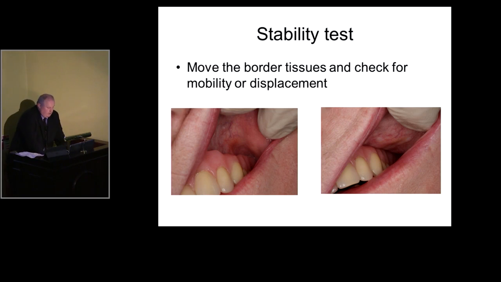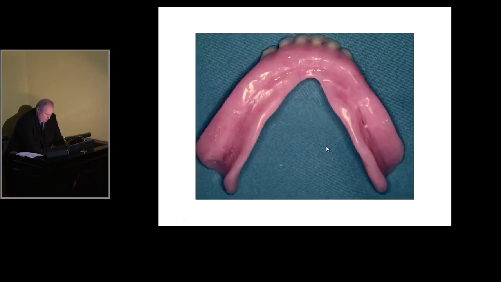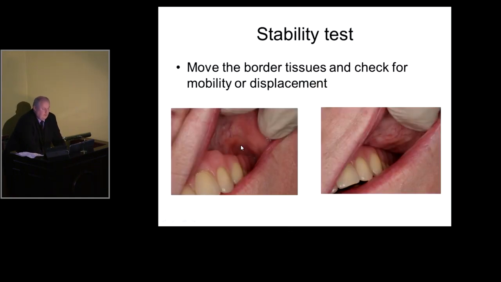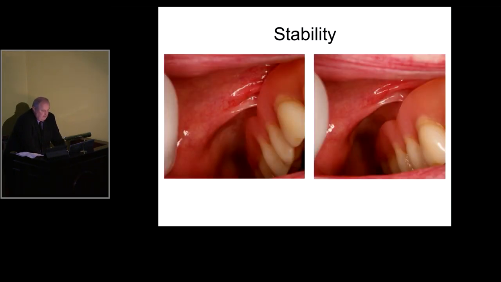You go up to the buccal sulcus, you pull out the denture, and you pull out the buccal tissues, and if it doesn't knock the denture down, then you have good border stability. I spoke about three things: borders, occlusion, and tooth position. You do the same, and on this one you pull it out, and this frenal attachment is knocking the denture down. So this denture is overextended in that area.